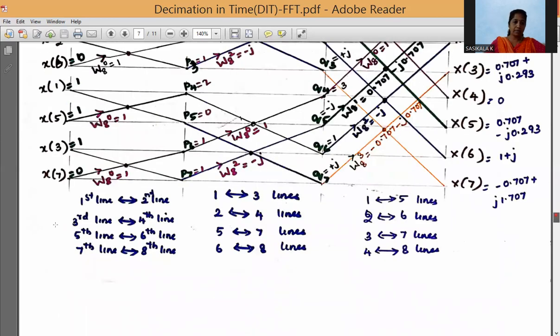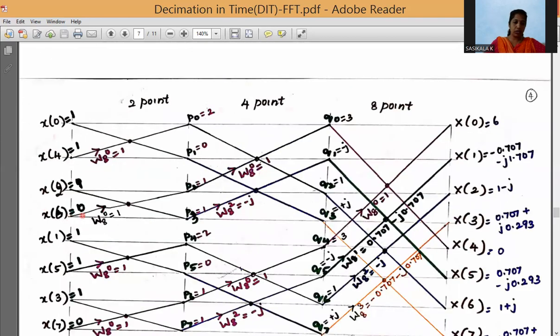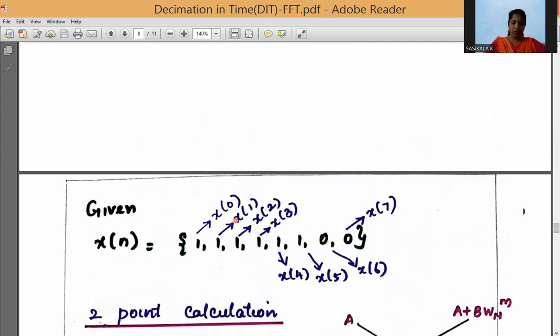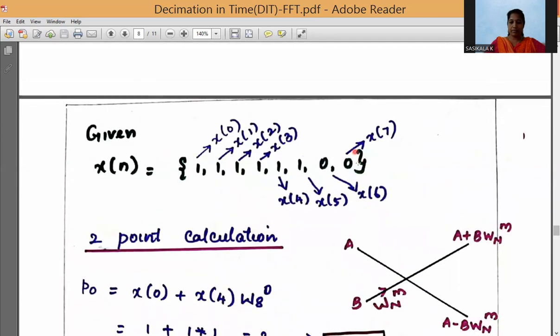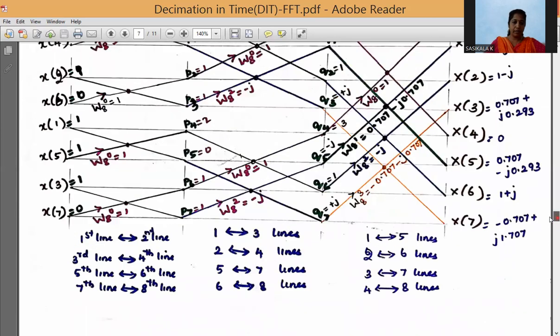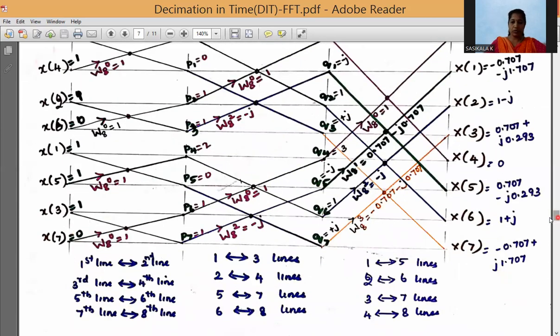So substitute x of 6 equal to 0. And similarly, x of 1 is equal to 1, x of 5 is equal to 1, and x of 3 is equal to 1. So substitute x of 5 equal to 1 and x of 3 equal to 1. And x of 7 is equal to 0.